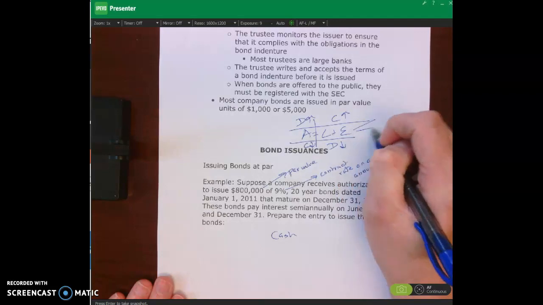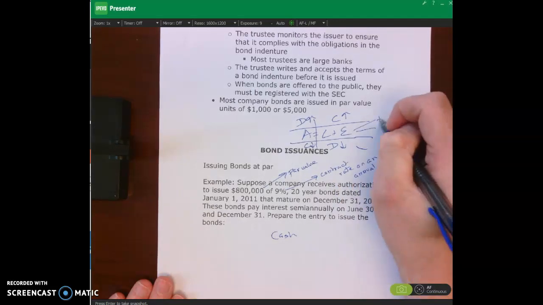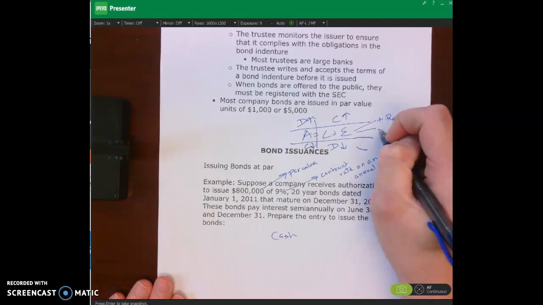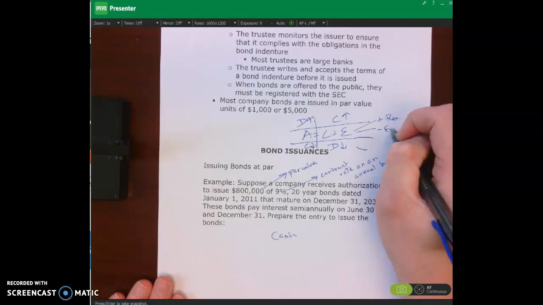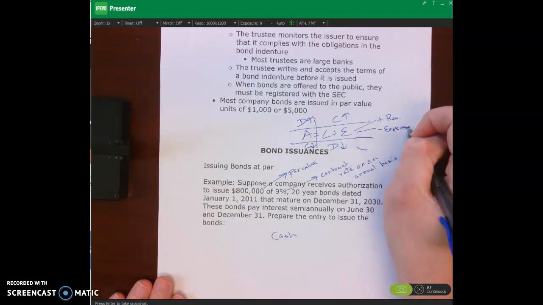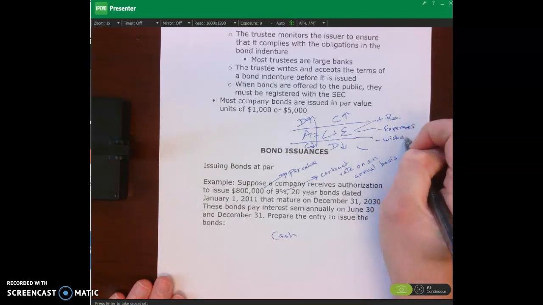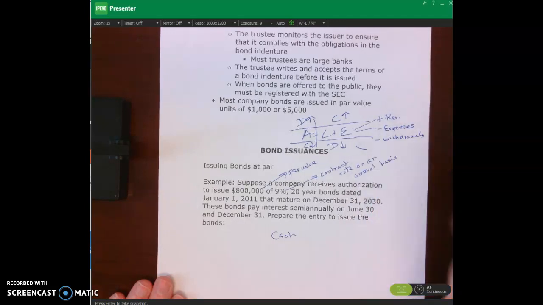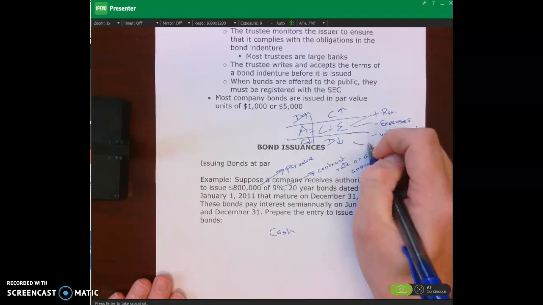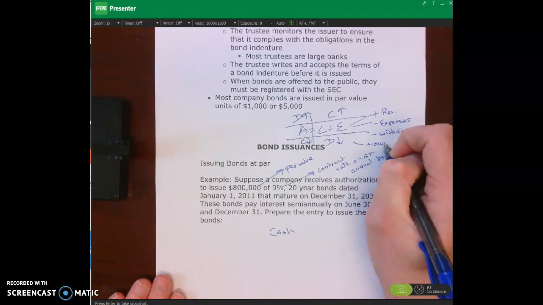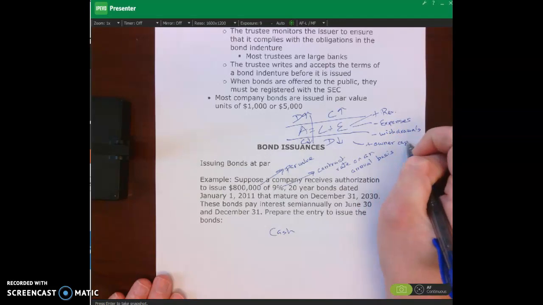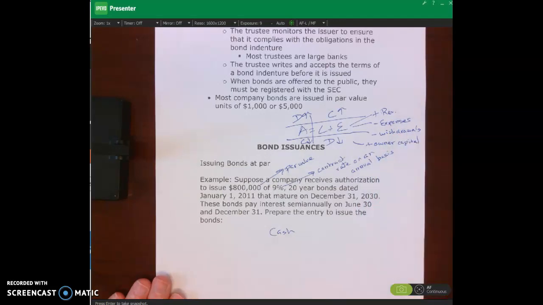And remember, equity has 4 components: revenues increase equity, expenses decrease equity, owner withdrawals decrease equity, and then finally owner capital or owner investment increases equity.